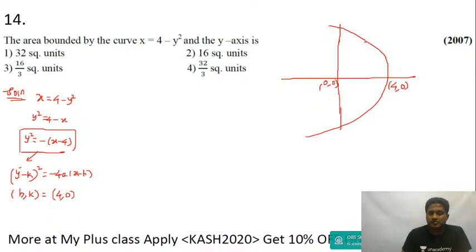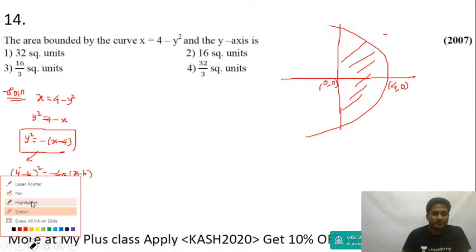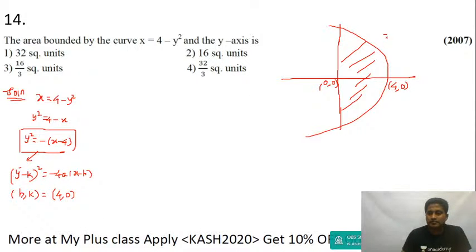Okay, now I am supposed to find out this area. This curve is y square is equal to 4 minus x, or you can write x as a function of y. This is the y axis, right?